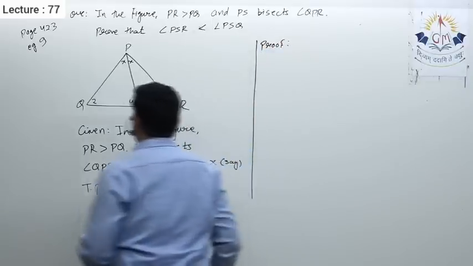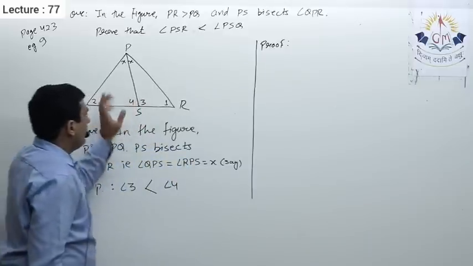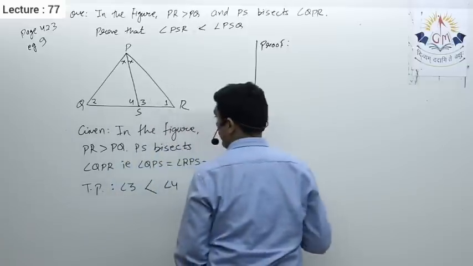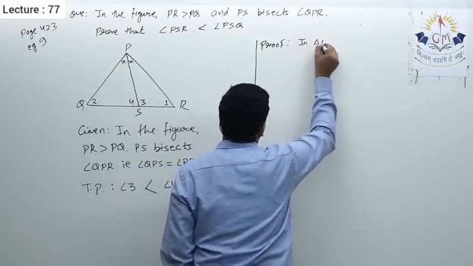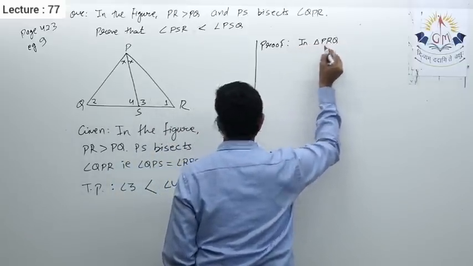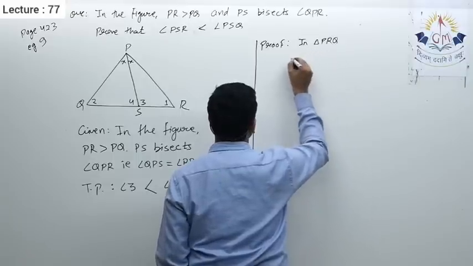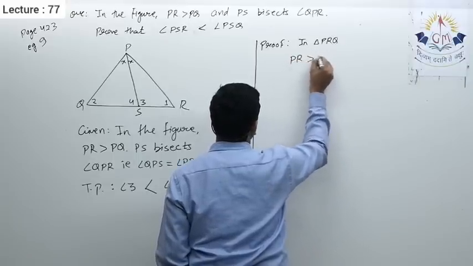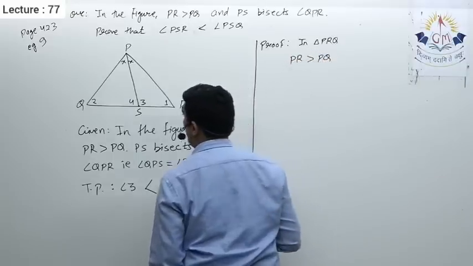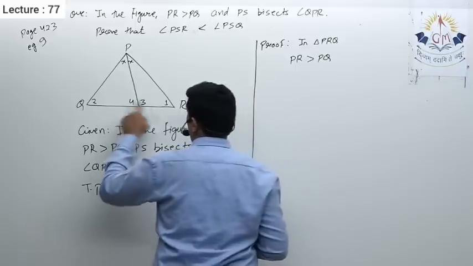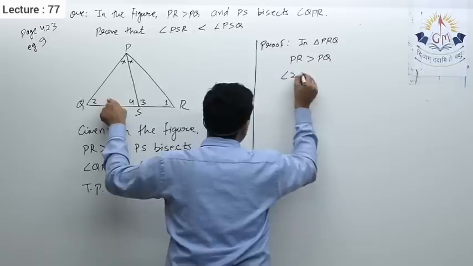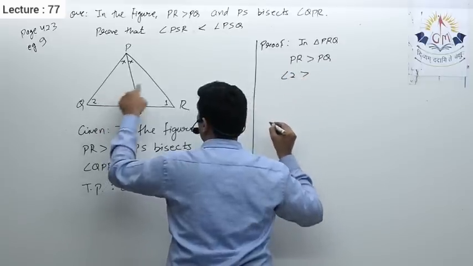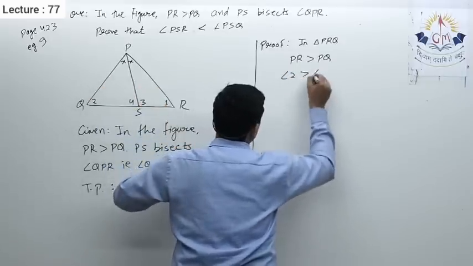Okay, so we have to find the relation between 3 and 4, and between 1 and 2 it is given. So first of all, it is given PR is greater than PQ. So in triangle PRQ, PR is greater than PQ. Now the angle opposite to PR is angle 2. So angle 2 is greater than the angle opposite to PQ, that is angle 1.